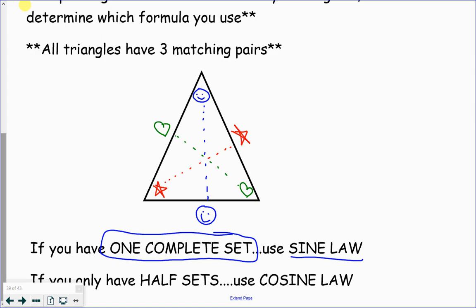Cosine law, you don't have any complete sets. You only have halves. In other words, you'll have the happy face corner, but not the happy face side. Or you'll have the star side, but not the star corner. So cosine law is only halves, whereas sine law is full. You have to have one complete set to use the sine law. All the questions we're going to do today will have one complete set.